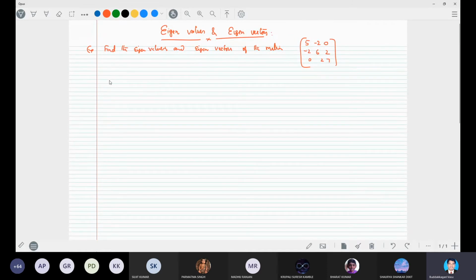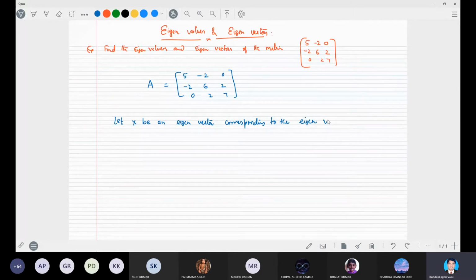Given that A is equal to the square matrix 5 minus 2 0, minus 2 6 2, 0 2 7. So first write down, let x be an eigenvector corresponding to the eigenvalue lambda.